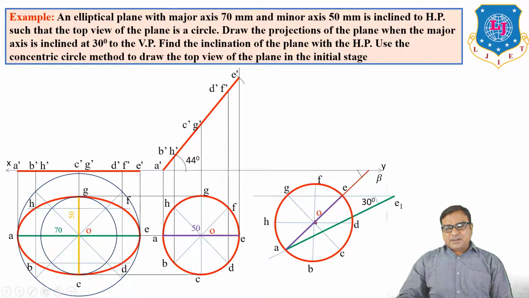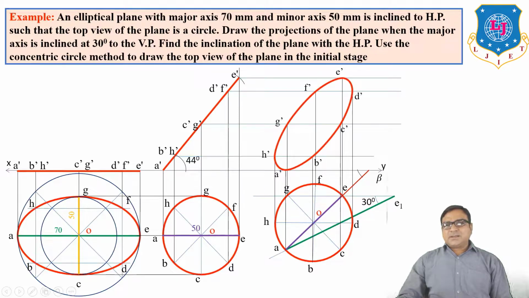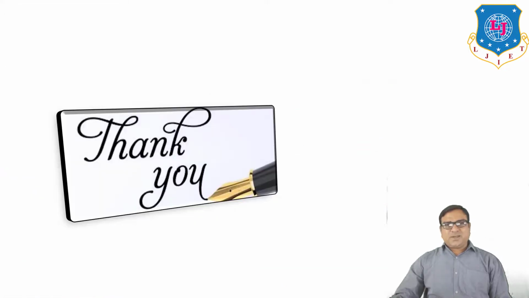And in this figure, the top view of the major axis AE is at beta angle with the vertical plane. Here, the angle beta is always greater than 30 degree. What is the front view? By taking vertical projection lines and horizontal lines from the front view, at the intersection points mark A dash, B dash, C dash up to H dash, and trace the curve. By joining all the points, you will get the front view. Thank you very much.